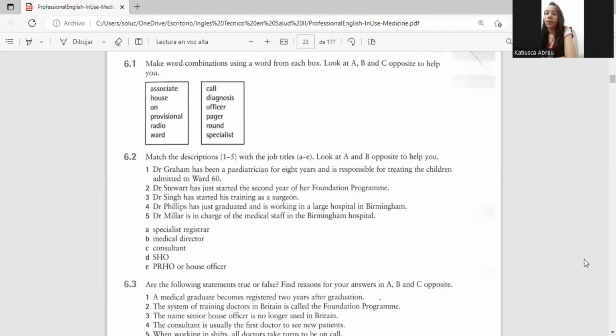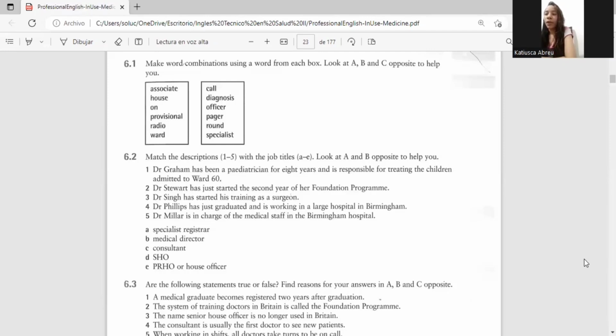Example, Dr. Graham has been a pediatrician for 8 years and is responsible for treating the children admitted to Ward 60. C. Consultant. Dr. Singh has started his training as a surgeon. A. Specialist registrar.